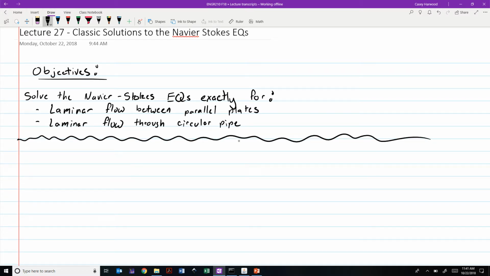So as a quick recap, we've spent the last several lectures deriving really two equations that we use. First is conservation of mass, which we are framing as what we call the continuity equation. This is written grad dot V is equal to 0 for incompressible flow.